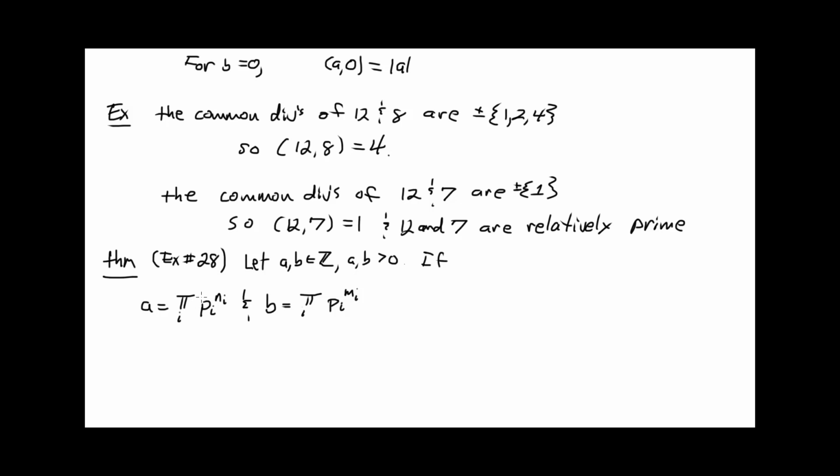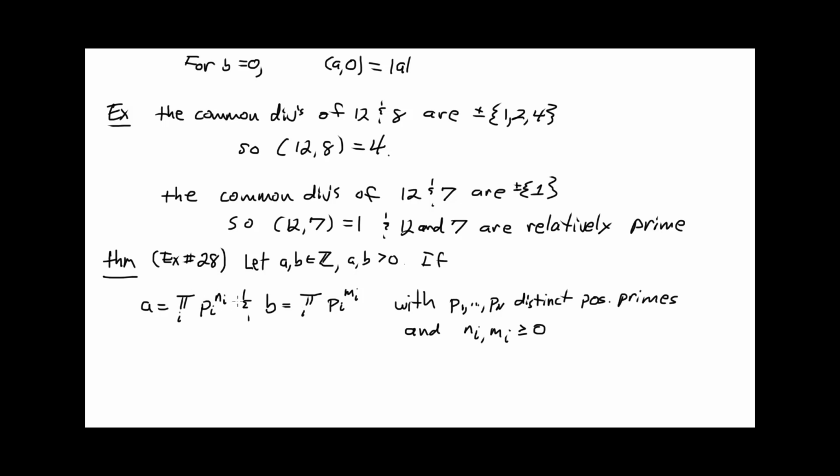It's just like the summation notation, except instead of adding things, you multiply. So it's a product of primes p_i to the powers n_i, and b, similarly, p_i to the m_i. So the p_i are distinct positive primes, and these powers are at least 0.